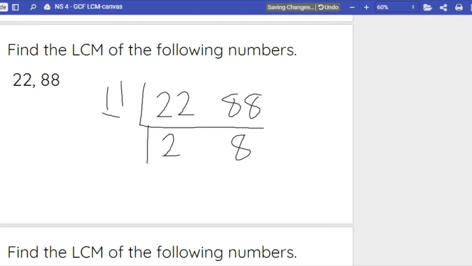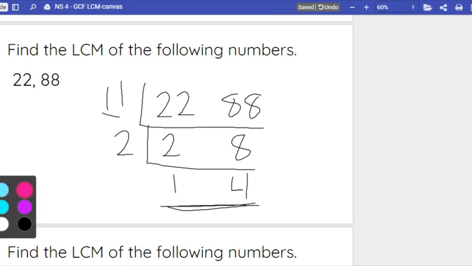Ooh, there's a common factor in 2 and 8, so I'm going to draw another letter. What goes into both of those? 2. 2 divided by 2 is 1. 8 divided by 2 is 4. Nothing else in common. So I get my L.